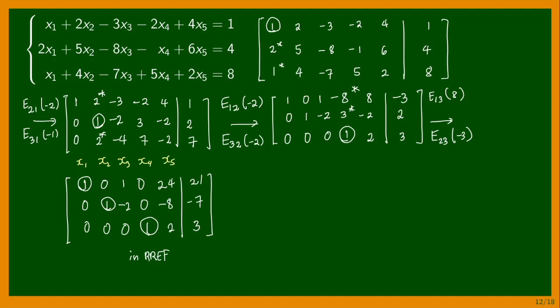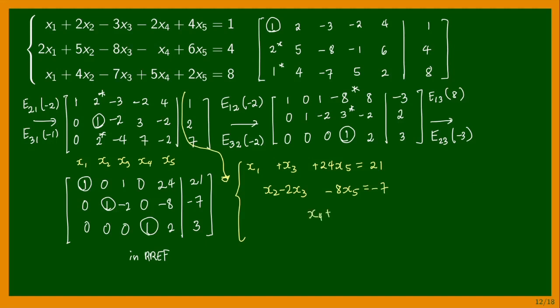Now this linear system is equivalent to the following linear system. x sub 1 plus x sub 3 plus 24 x sub 5 equals 21. x sub 2 minus 2 x sub 3, right? Minus 8 x sub 5 equals negative 7. Then x sub 4 plus 2 x sub 5 equals 3.